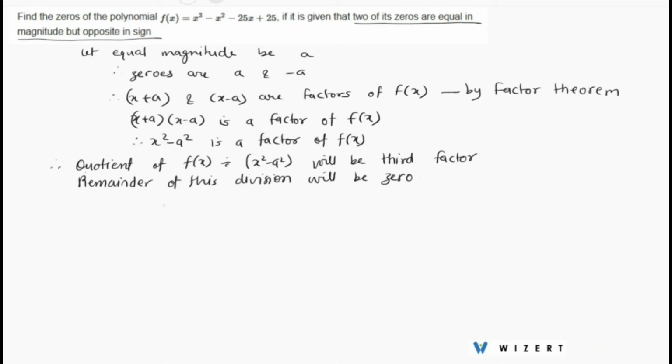So let's perform this division. It's x cube minus x square minus 25x plus 25 divided by x square minus a square. To cancel out the x cube term, we'll have to multiply the divisor by x.